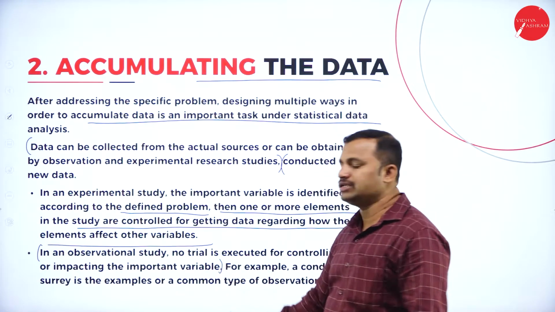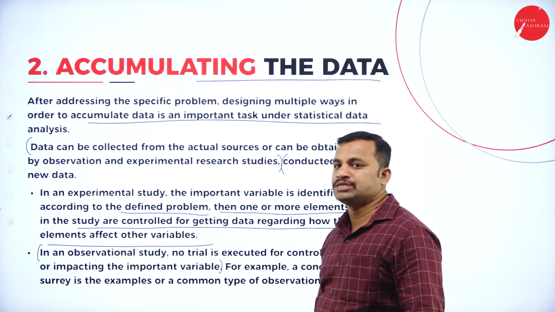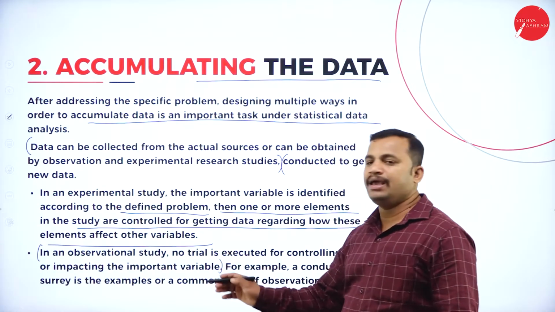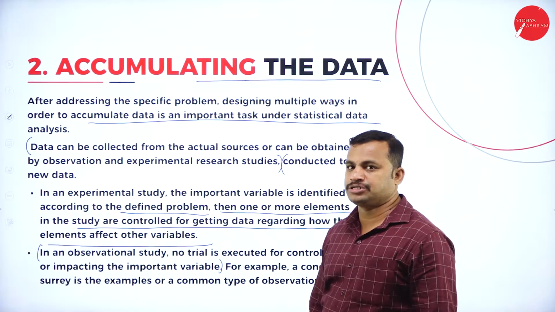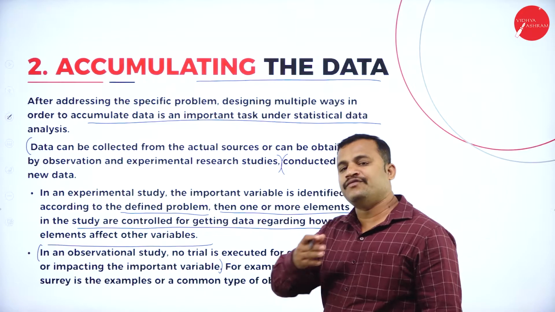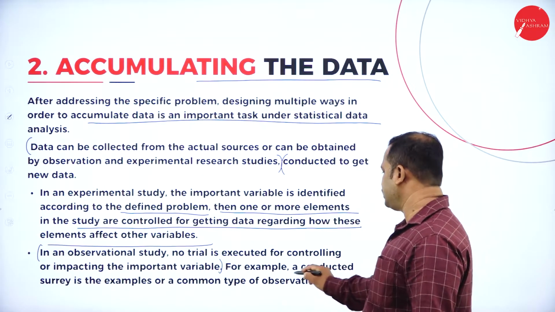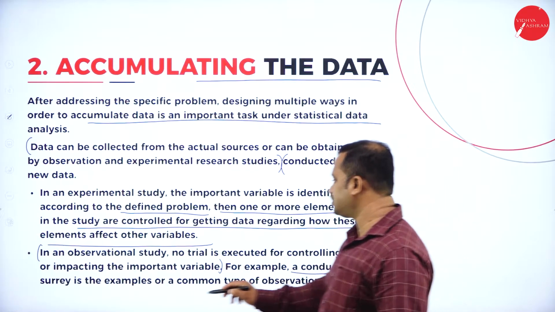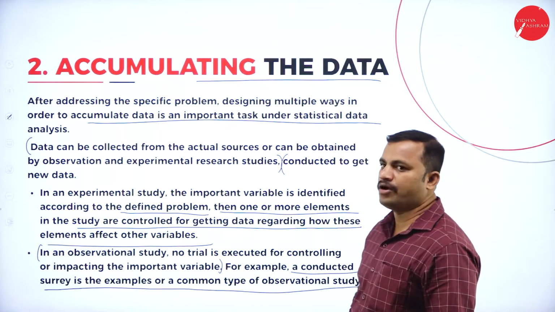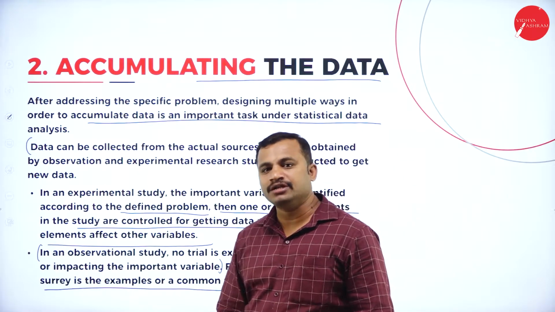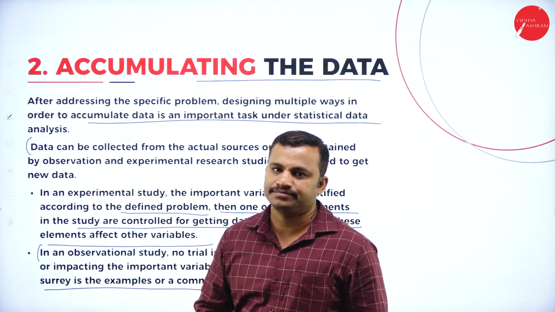That is, whether it is a standard deviation or a variance or a covariance, and all those things are considered, there would not be much impact on the important variables, where all of the variables are considered in an equivalent manner. But for example, a conducted survey is a common type of observational study, which includes how the data are represented.